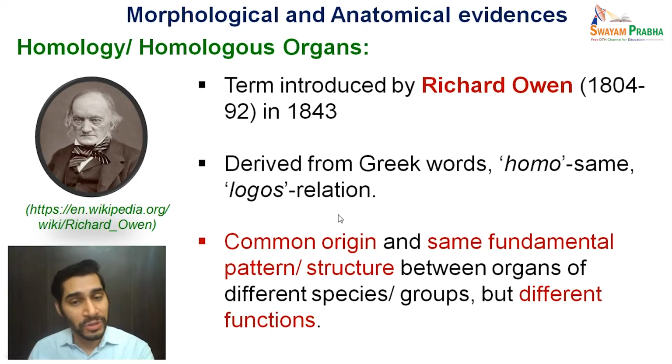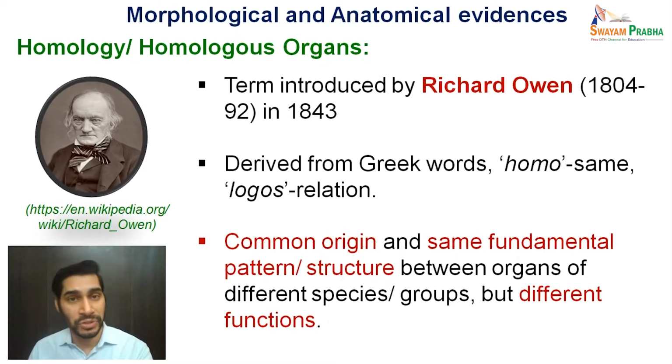They are the structures which have a common origin or common ancestry. They have the same fundamental pattern or structures, though minor structural differences can be there, but the basic pattern and the origin is same. They belong to different groups of species or organisms, but they have different functions.